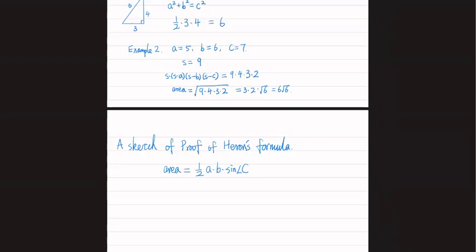We square both sides because in the end we will take a square root, so let's square at the beginning. Area squared equals a squared b squared sine squared. Our Pythagorean theorem tells us sine squared is 1 minus cosine squared.